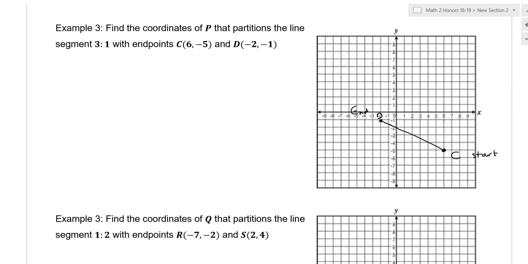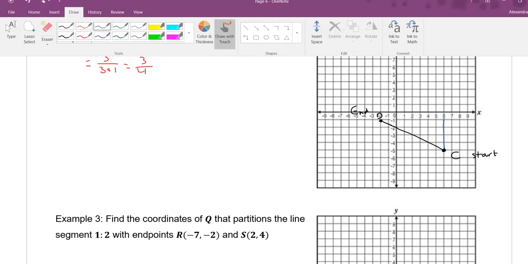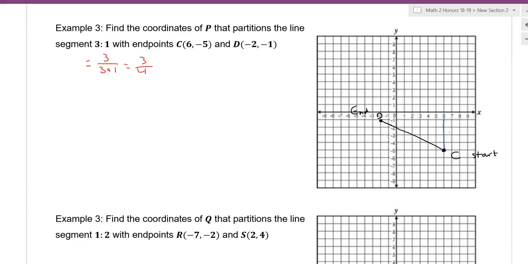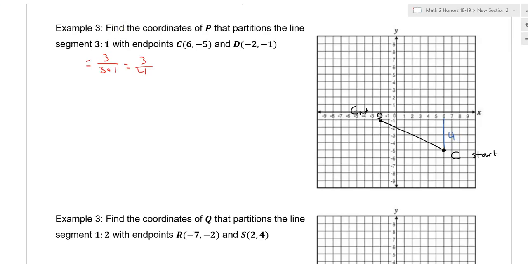So, writing our fraction, 3 to 1 is the same as 3 over 3 plus 1, which is 3/4. So I'm going up 1, 2, 3, 4, and then going over 2, 3, 4, 5, 6, 7, 8. So up 4, over 8.